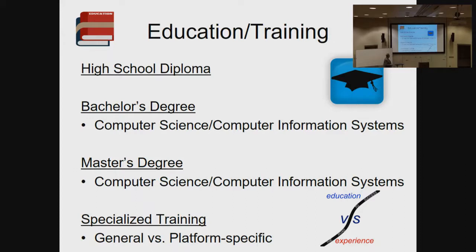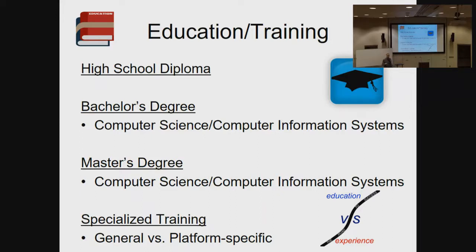A bachelor's degree in computer science or computer information systems is usually recognized as the entry level qualifications to a career in computer programming or software engineering.